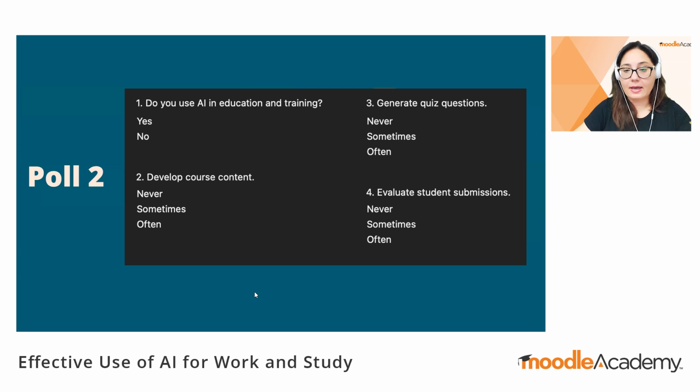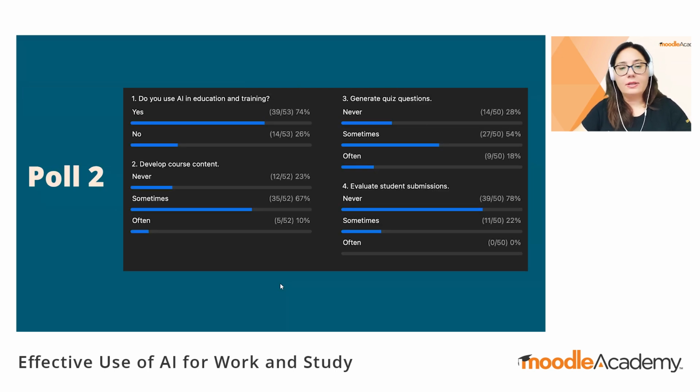I can see the answers coming. Things seem to have stabilized. Let me share the results. So most of you have indeed used AI in education, and sometimes you develop course content.